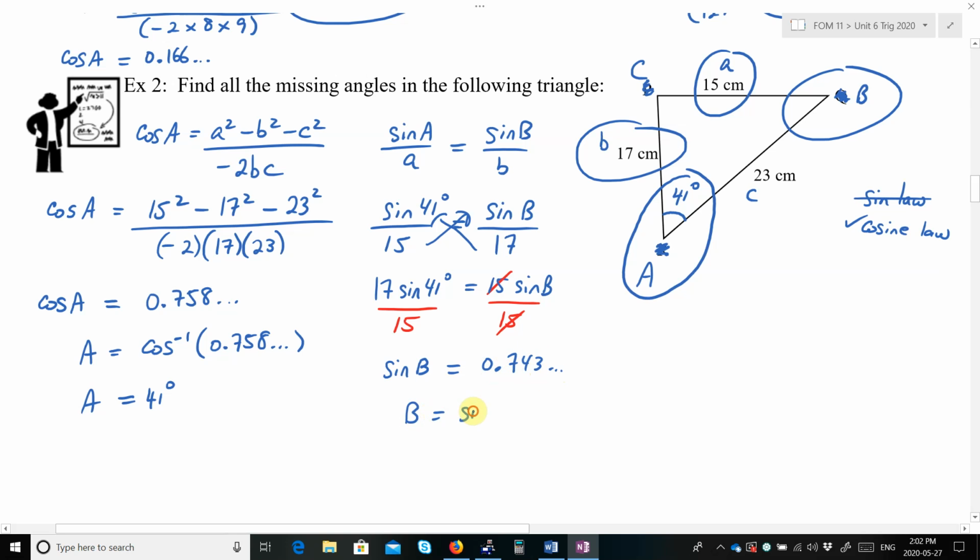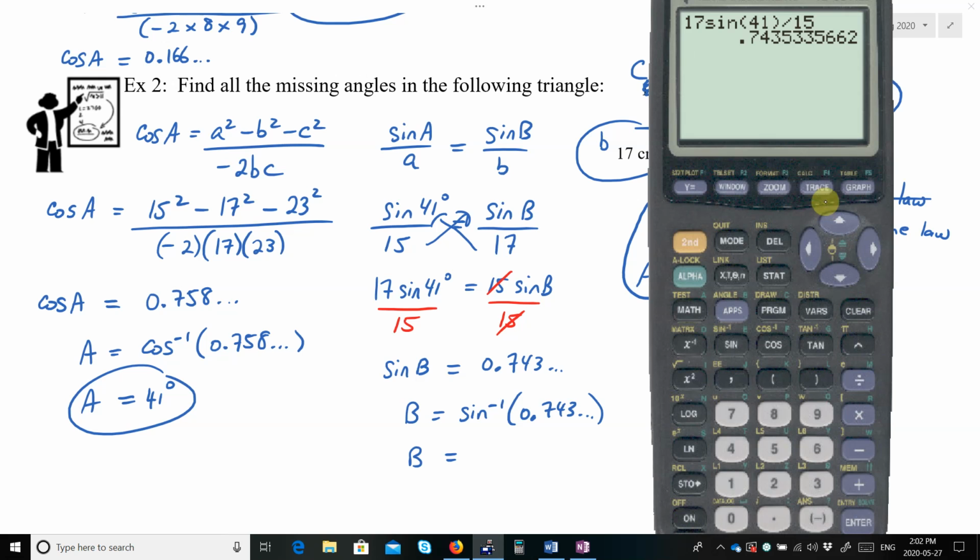And so angle B is equal to sine inverse of all of this. So angle B is shift sine of that last answer, 48 degrees.